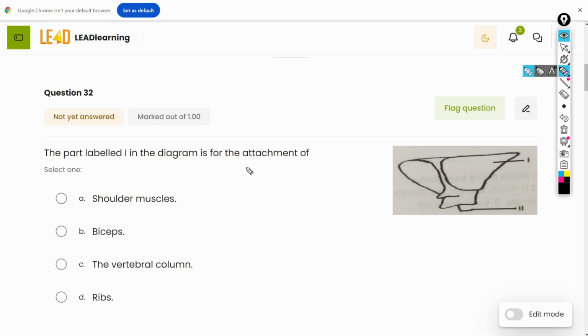Question 32. The part labeled 1 in the diagram is for the attachment of. Now we need to first identify what structure this is. The entire diagram is the structure of the scapula, or what you may choose to call the shoulder blade.